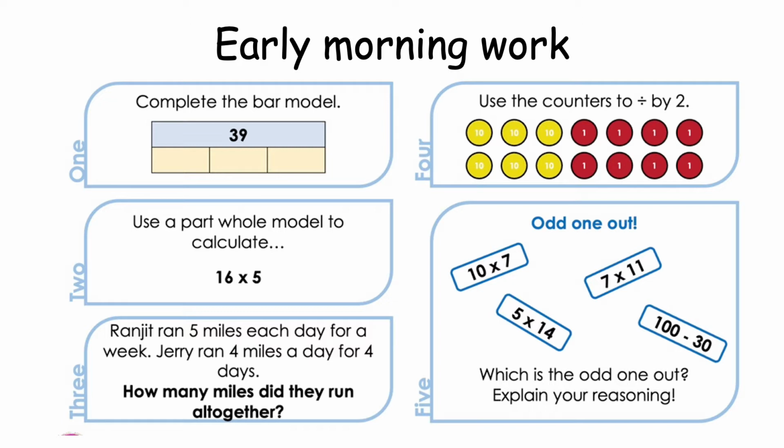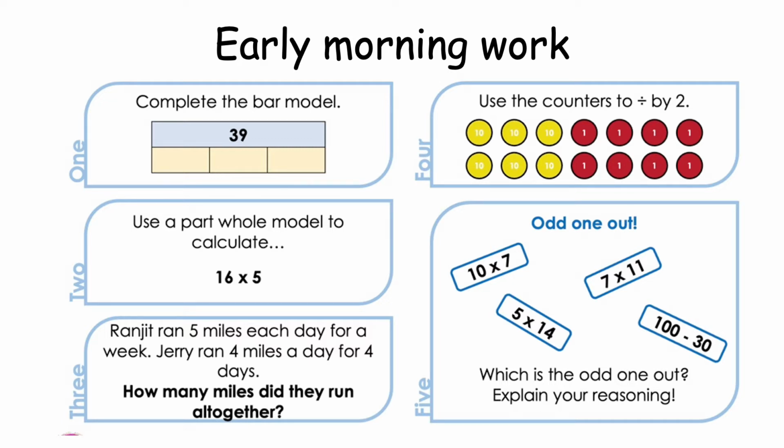So work out how many counters there are and how would you divide those counters into 2 sets, and what would your answer be? Number 5, odd one out. Can you look at all the calculations that are in the boxes, work out the answers and then decide which one is the odd one out and tell me why? So pause the video now while you work that out for me.